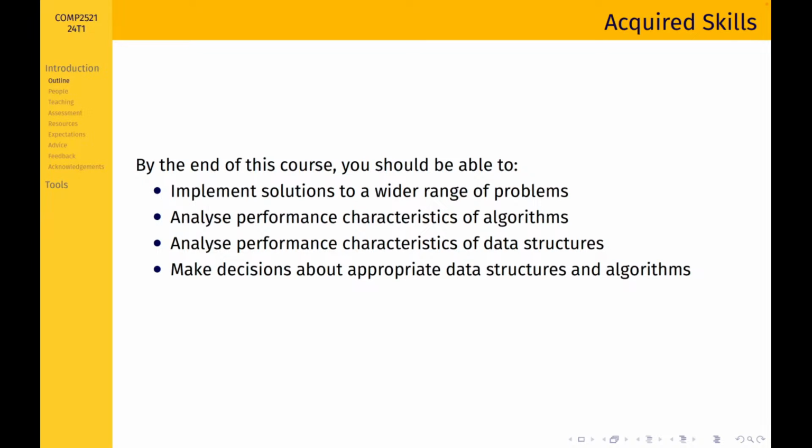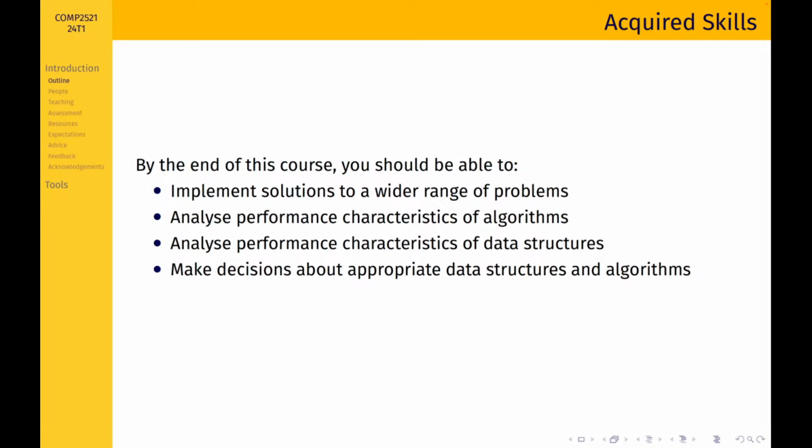Okay, so at the end of the course, you should be able to do these things basically. So now that after the course you've learned a bunch of data structures and algorithms, you should be able to implement solutions to a wider range of problems, right? Because you've got all of these new things in your toolbox. You should be able to analyze the performance characteristics of algorithms.